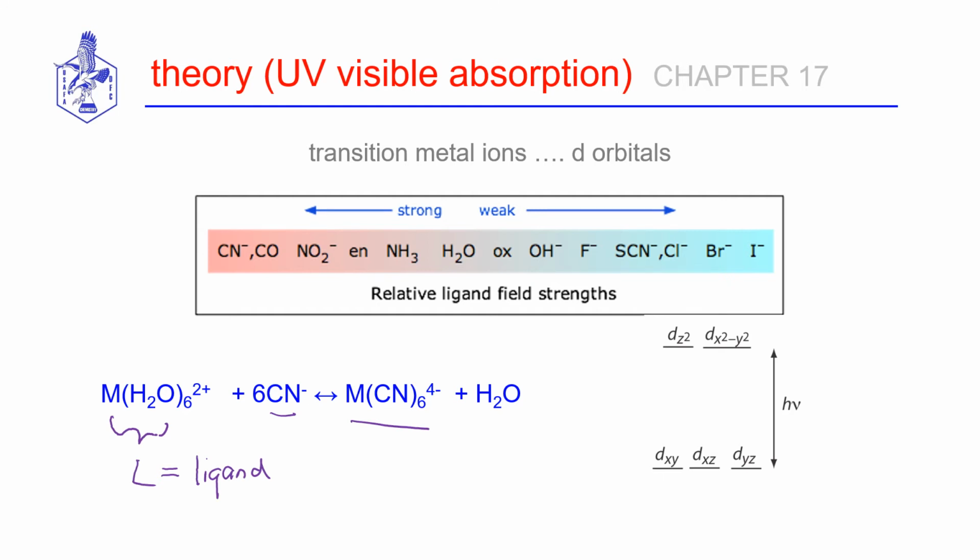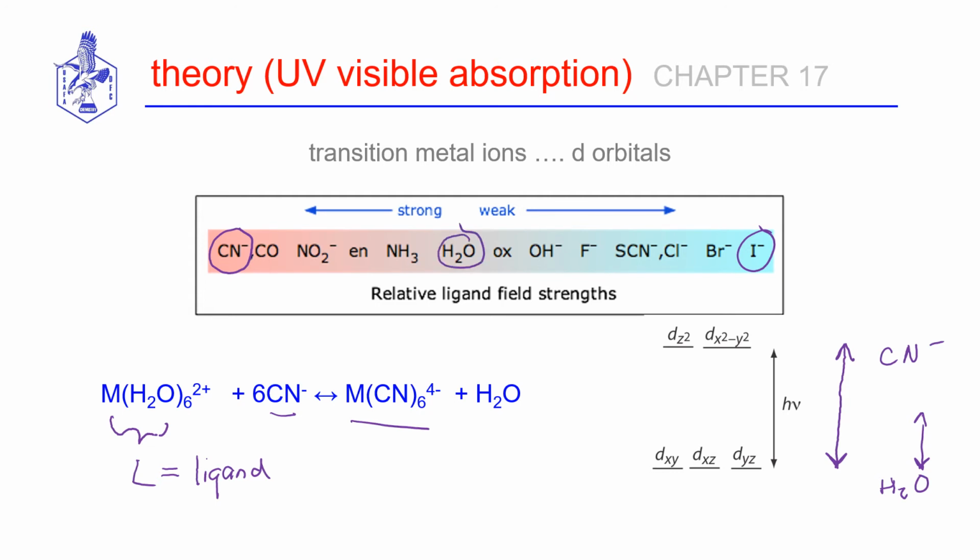And so what you're looking at here is a relative ligand splitting field strength. So on this end, the cyanide ion is the strongest, the iodide ion is the weakest, and that pertains to the magnitude of the energy separation of the d orbitals. So you would have the biggest separation for the cyanide ion, and you would have a much smaller separation for the example in this case of water, because it has a weaker ligand field strength.